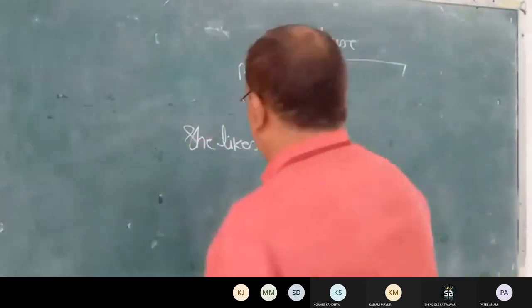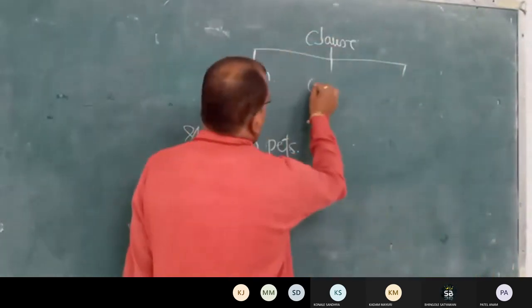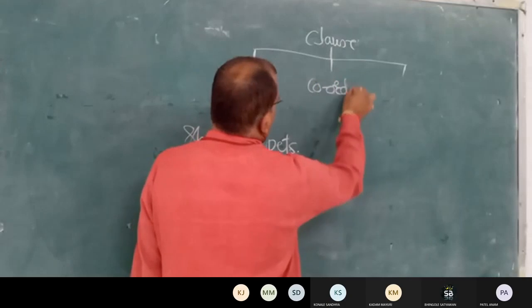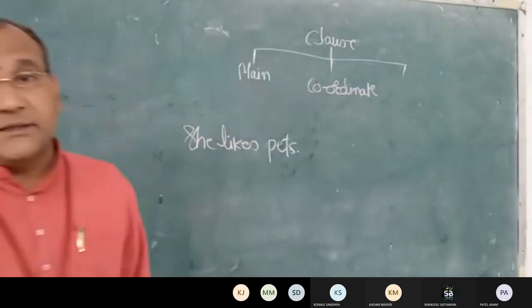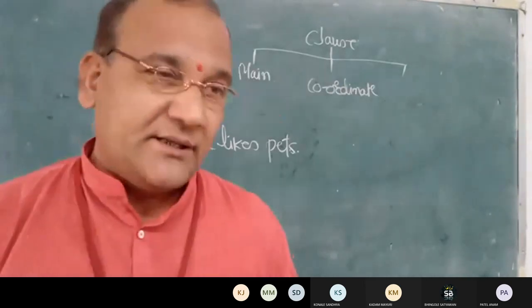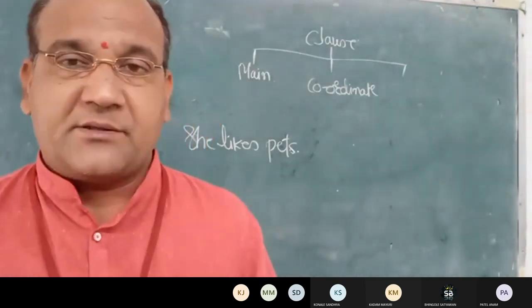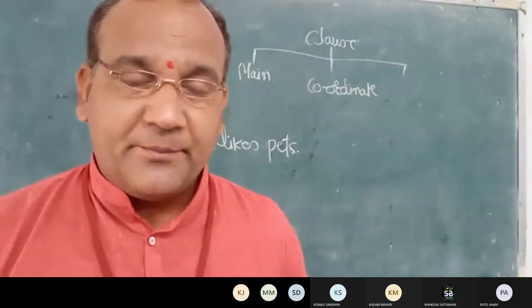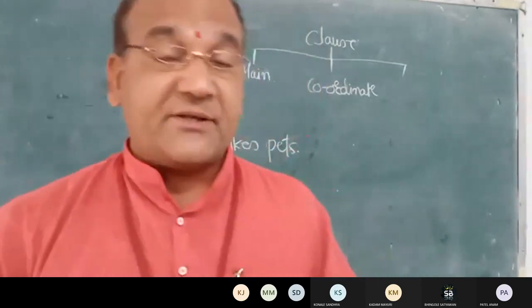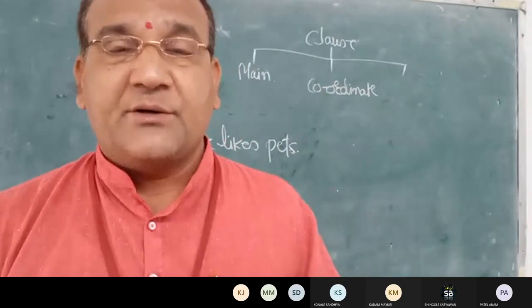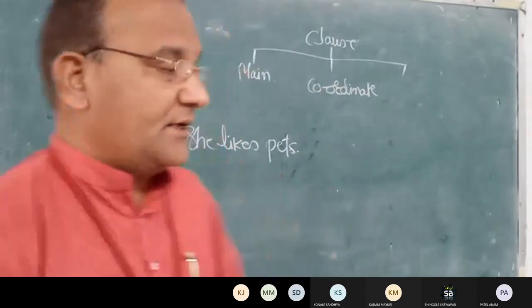One. Second is coordinate clause. Now this coordinate clause is also a main clause, also a complete sentence, but only because it comes after a coordinating conjunction, you call it a coordinate clause.